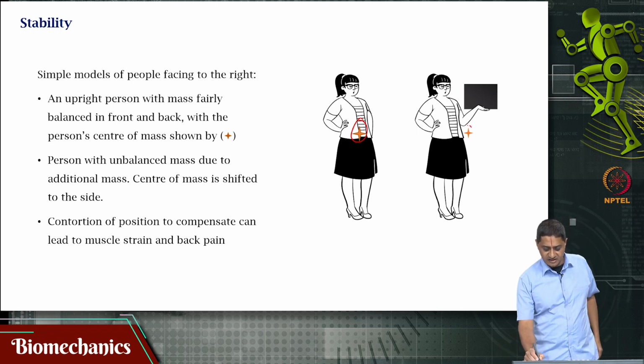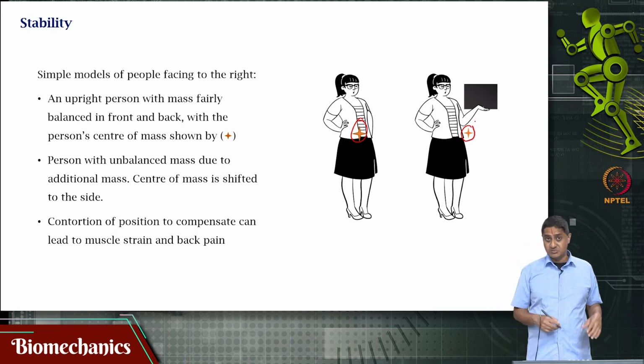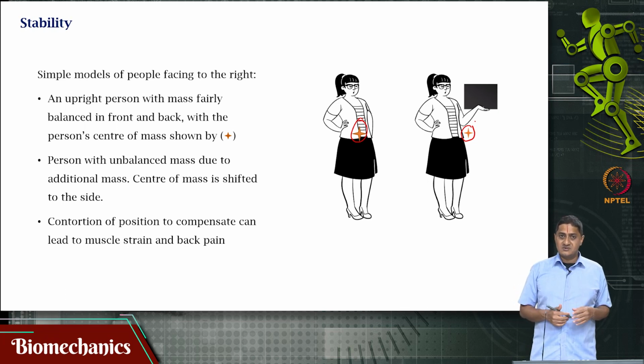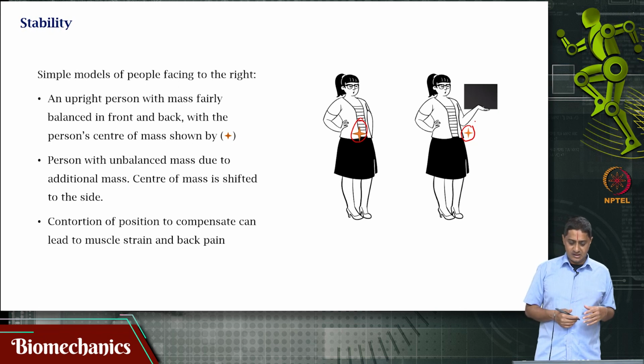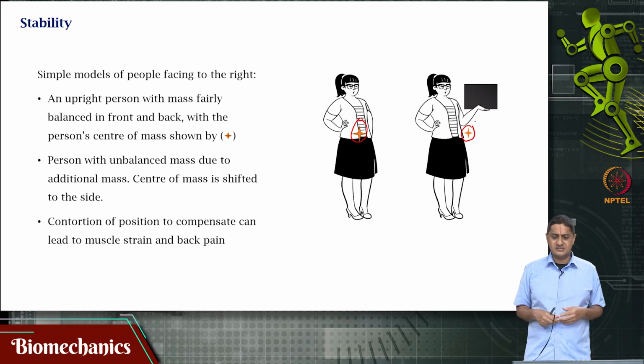So when you are lifting this weight, the center of mass shifts outside, at least momentarily. So there is an amount of instability that this person undergoes, and a need to compensate. So there is contortion of the position to compensate.